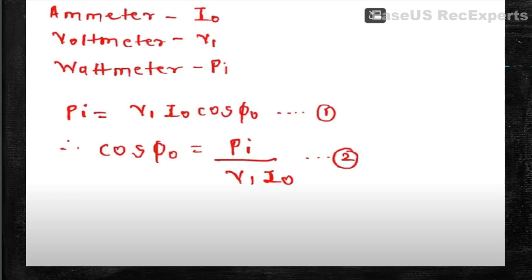Now the formula for the iron loss. The value of iron loss as indicated by the wattmeter can be written as Pi = V1 I0 cos phi 0. Here cos phi 0 is the value of the no load power factor. Rearranging equation 1, we can write the formula cos phi 0 = Pi divided by V1 into I0. Let this be equation number 2.